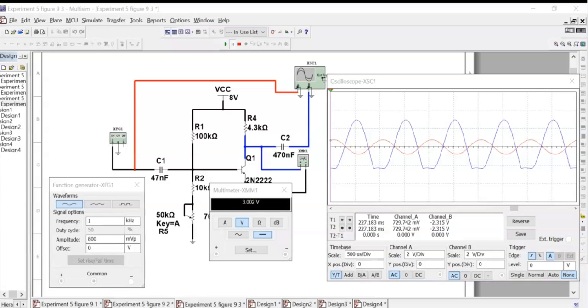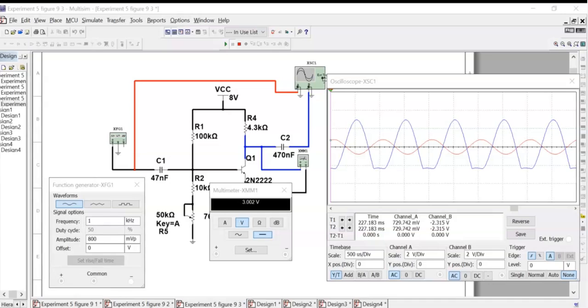Snipping tool. This will be the output waveform. So we have a clipping sa ilalim. May clipping siya. We have a clipping signal at the bottom.